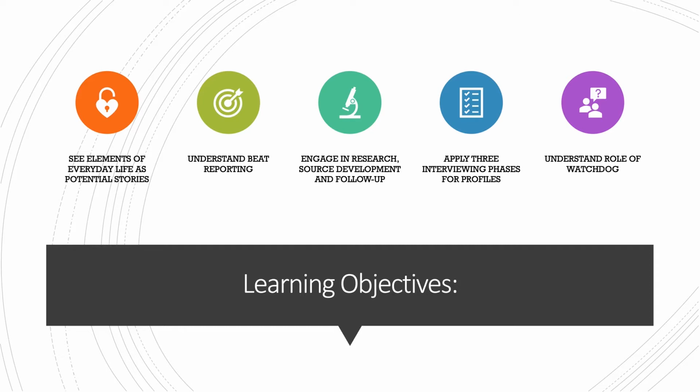The three interview phases when we're talking about profiles, and understanding the role of watchdog. That's something I feel has gone down in recent years because of money, lack of staff, and a whole plethora of other reasons why we don't get nearly as much of it as we used to, and it shows. All right, let's get going.